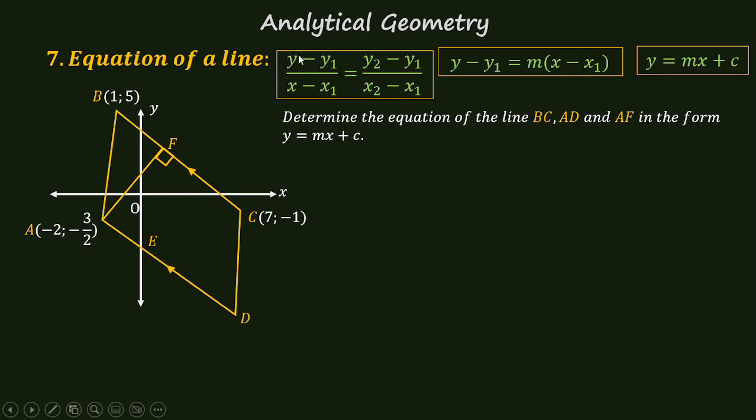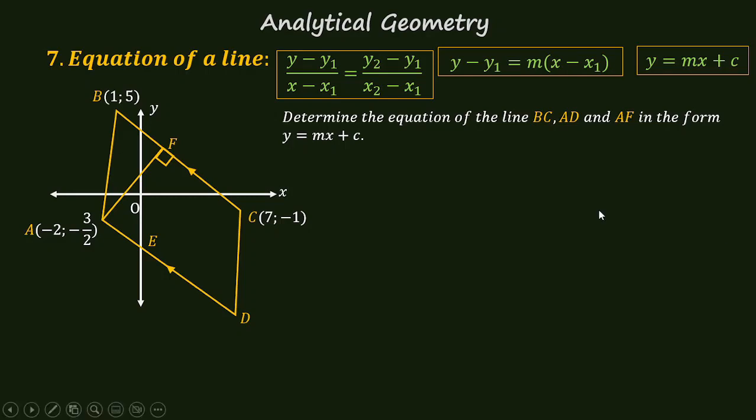What is important here is that you have y minus y1 divided by x minus x1 equals the gradient. This is when you are given 2 points and you are required to determine the equation of a straight line from those 2 points.